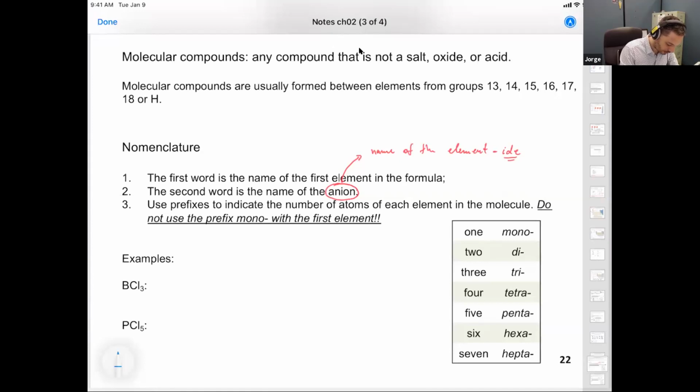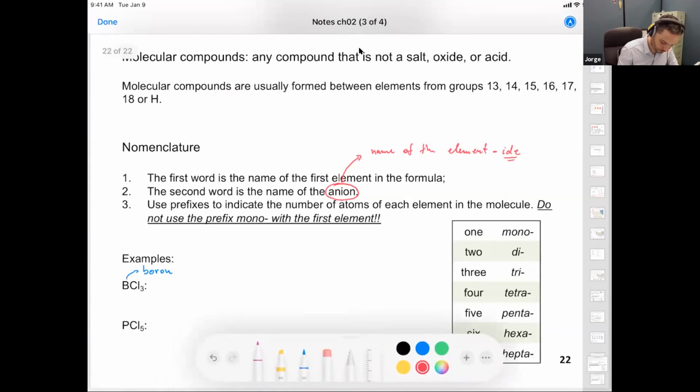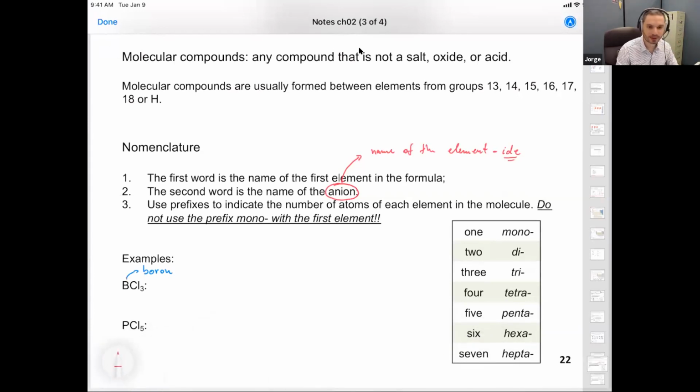This compound is formed by boron and Cl minus. Cl minus comes from chlorine. Therefore, we are going to label it chloride.